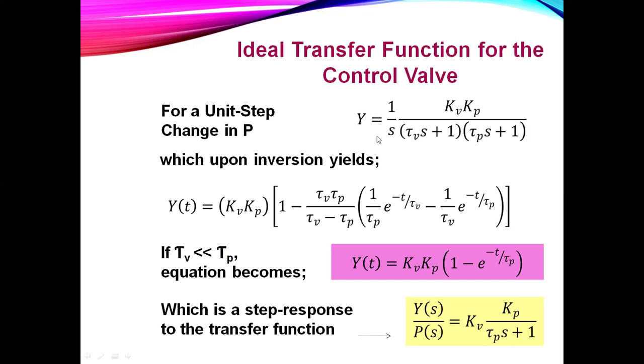In this case, the forcing function, the change, is happening on the pressure to which the top of your diaphragm, or that of your control valve, is subjected. So we just simply take out the P of S here and cross multiply it on the overall transfer function of our system block diagram, our control valve and process. So you have 1 over S and this one.